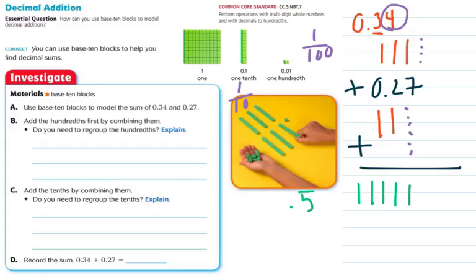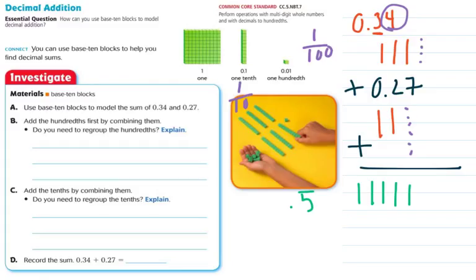Now we're going to count out our hundredths. We have over here 4/100, and over here we have 7/100. So if we add 4/100 to 7/100, we get 11/100. So we're actually going to take 10 of those 11/100 and trade them in for a long.